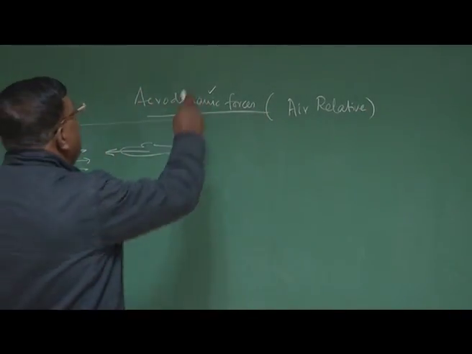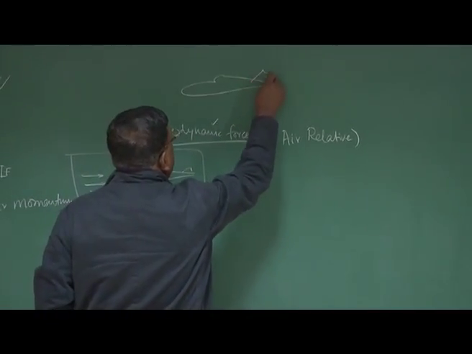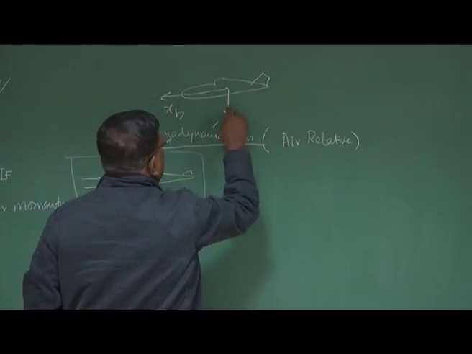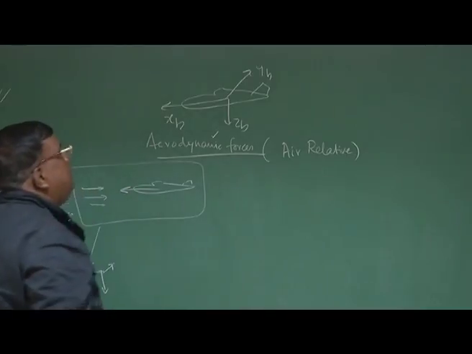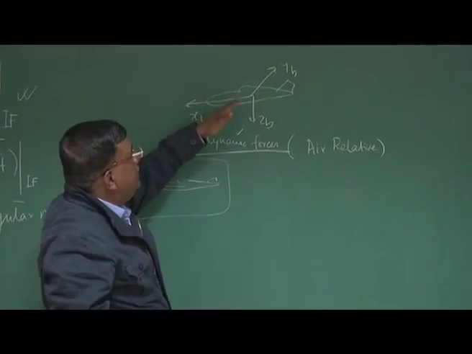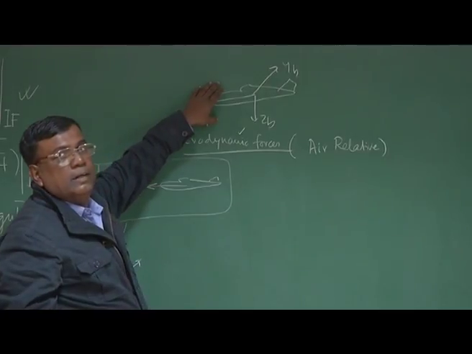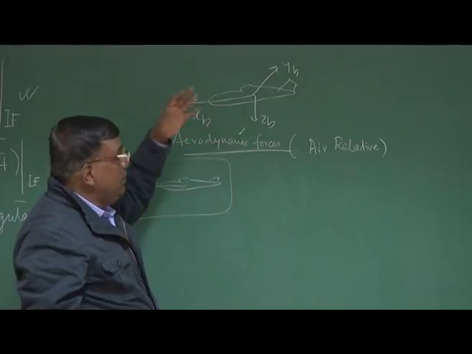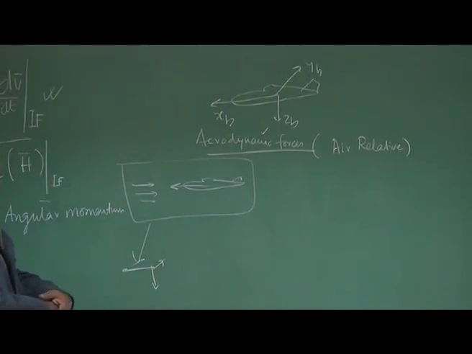that means I'll be more comfortable when I operate with the xb, yb and zb axis system, because this will be very useful to get me the air relative speed along these axes xb, yb, zb, right? Because with respect to ground, it really doesn't matter.